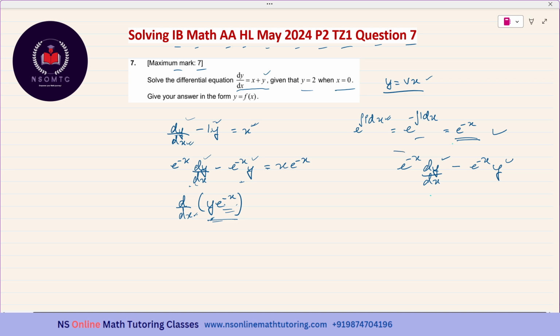You don't have to show this; I have just shown the differentiation to show how you come to these two terms. If I use the product rule and differentiate this with respect to x, we get back these two terms. So I have combined these two terms into a single term, and the right hand side is still the same. And then I will be integrating both sides with respect to x.